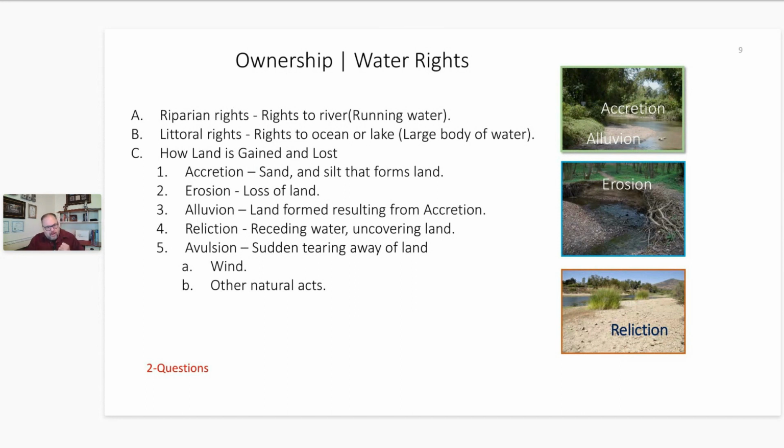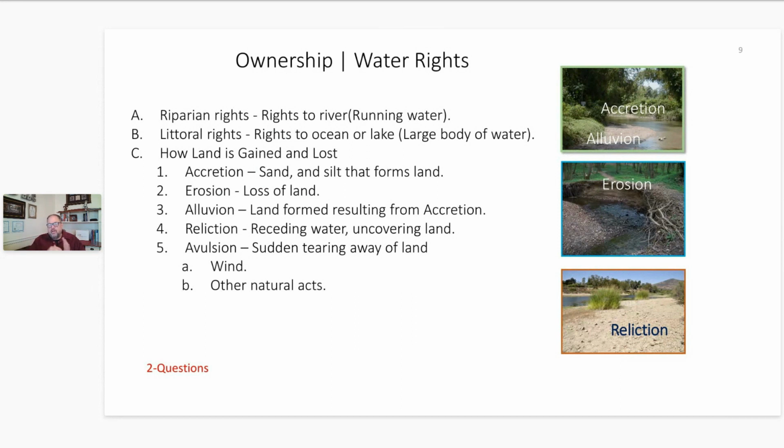One's called riparian rights. The other one is littoral rights. And it's kind of an easy memory aid when you're looking at this, because riparian, I like to use the word R. You know, if you pronounce the letter R, it stands for R, right?